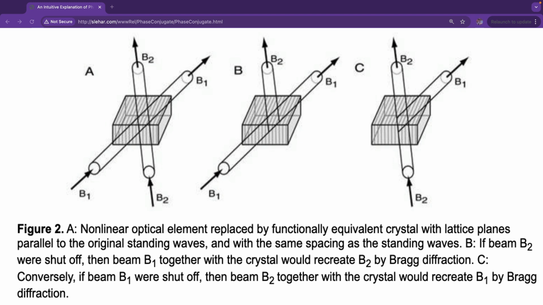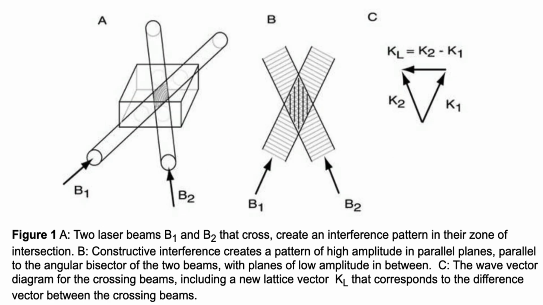And Figure 2c shows beam B2 refracted by the equivalent crystal lattice to recreate the original beam B1. The reification in two-wave mixing has created a difference vector that has created a redundancy in the representation that allows one of the input signals to be removed without loss of information.